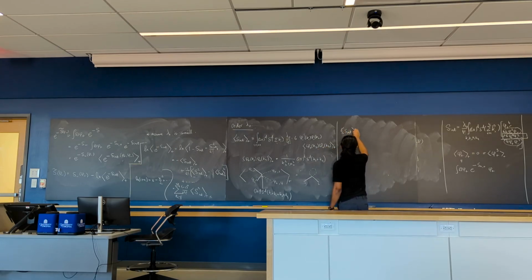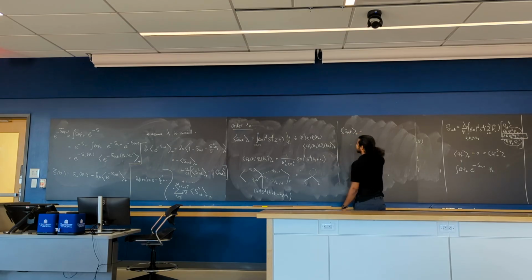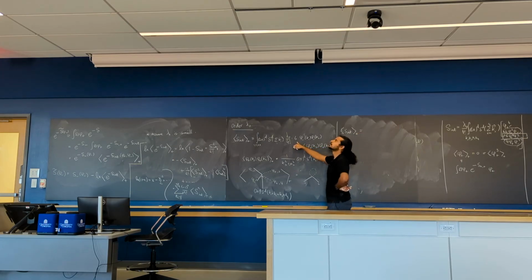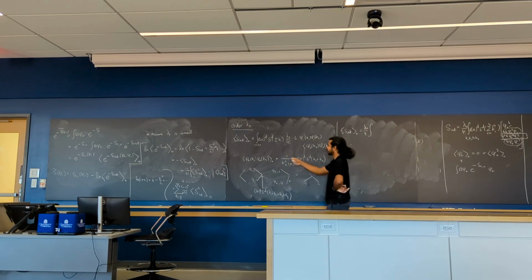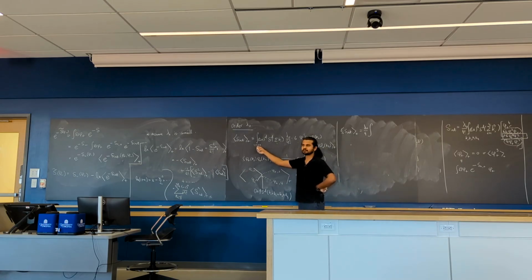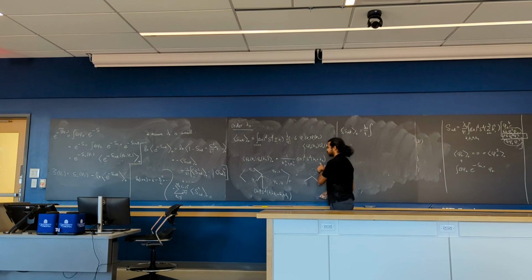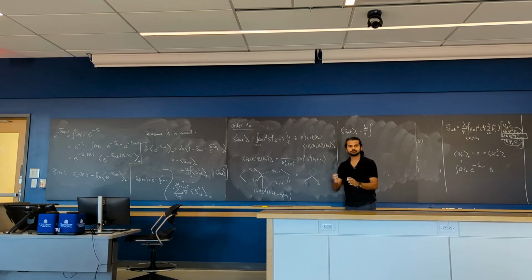S int plus is 24 by 6, which is what? 4. So lambda 0 by 4 integral. The k1 and k2 integrals are going to stay. K3 and k4 integral, I can do one of them. And the delta function k1 plus k2 plus k3 plus k4 just becomes k1 plus k2, because k3 plus k4 is 0.